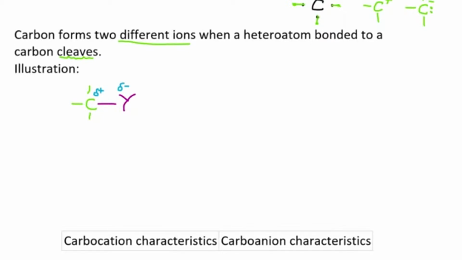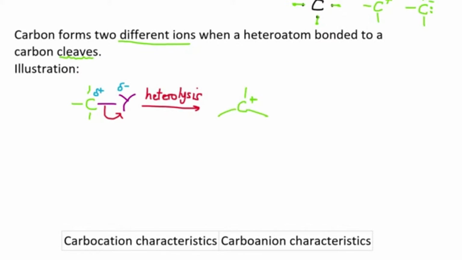As a result, this bond cleaves and forms a lone pair on Y, and this process of the bond cleaving is called heterolysis, because a heteroatom is being cleaved from the carbon atom. As a result, carbon loses electrons, which generates a positive charge on the carbon.